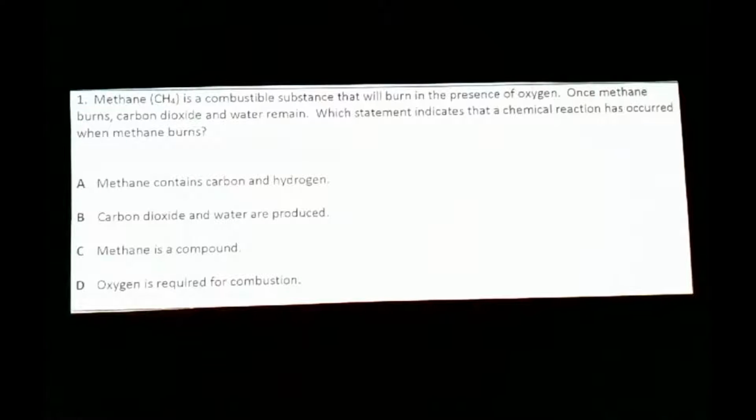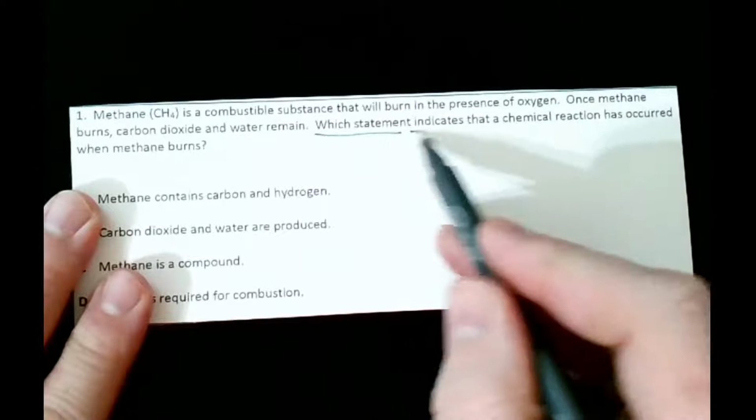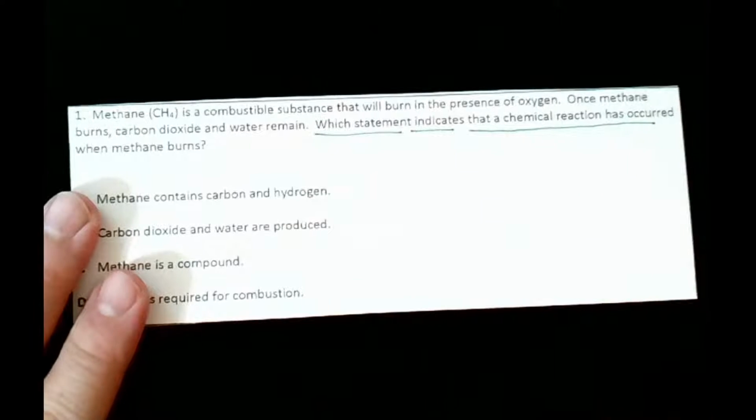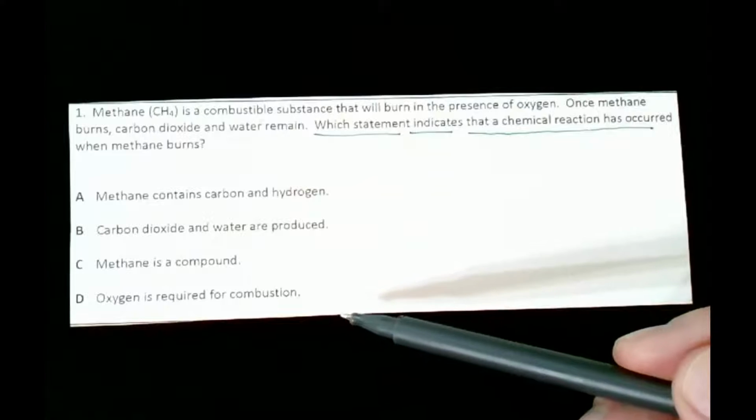I need you to identify, what is this question asking? Great. I'm hoping you said which statement indicates that a chemical reaction has occurred when methane burns. So the key part is which statement indicates that a chemical reaction has occurred. So we're going to have to look at each one of these and figure out which one is correct.